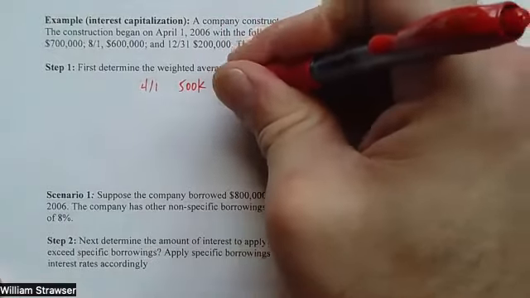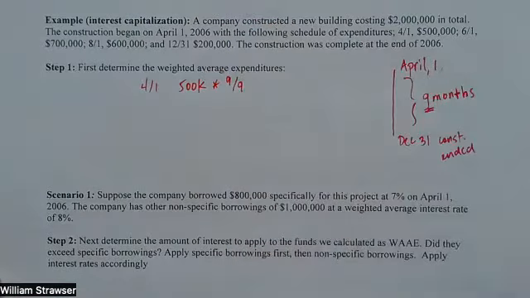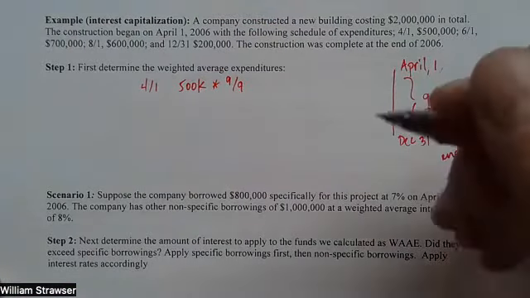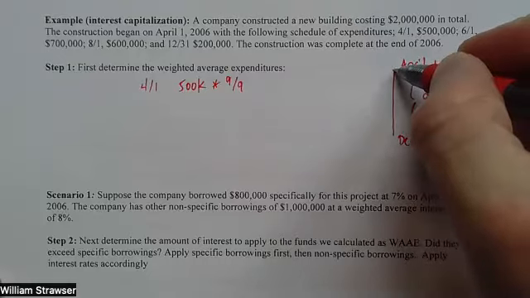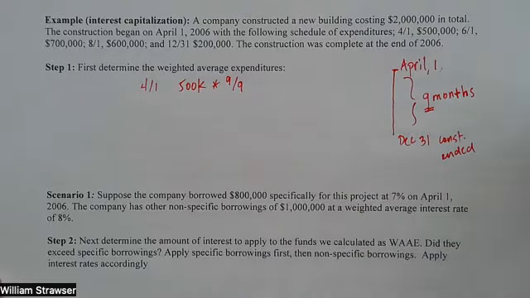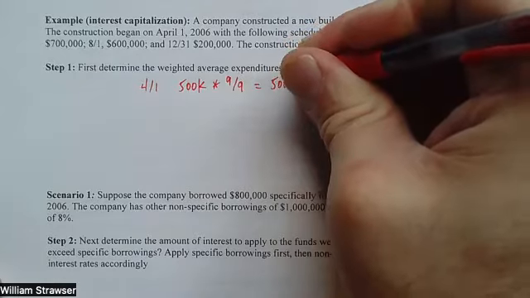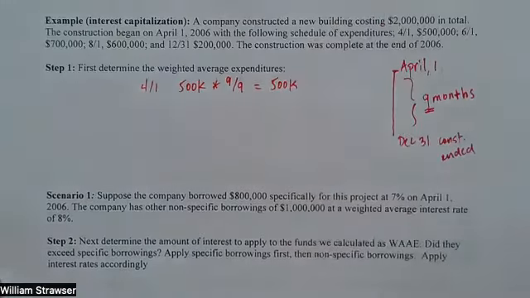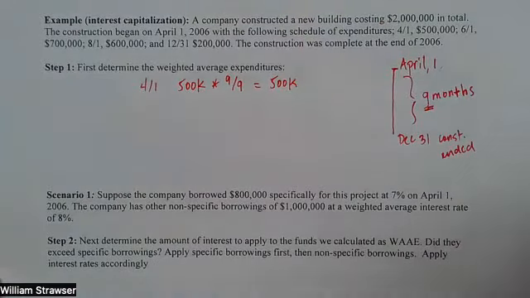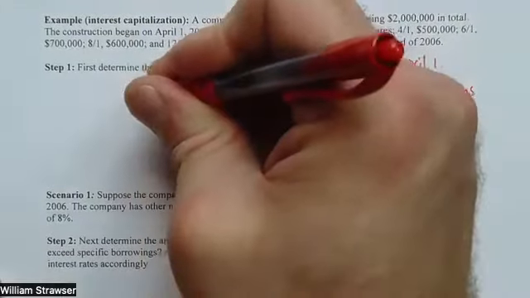So this gets 9 of 9. It doesn't really matter with the first term, but it matters thereafter. If the first one is always spent on the beginning of the construction, it's always going to be 100%. So that's why it doesn't matter if it's 9 of 9 or 12 of 12, it's still going to give you 100%. But once you start moving through the months, it changes a bit.